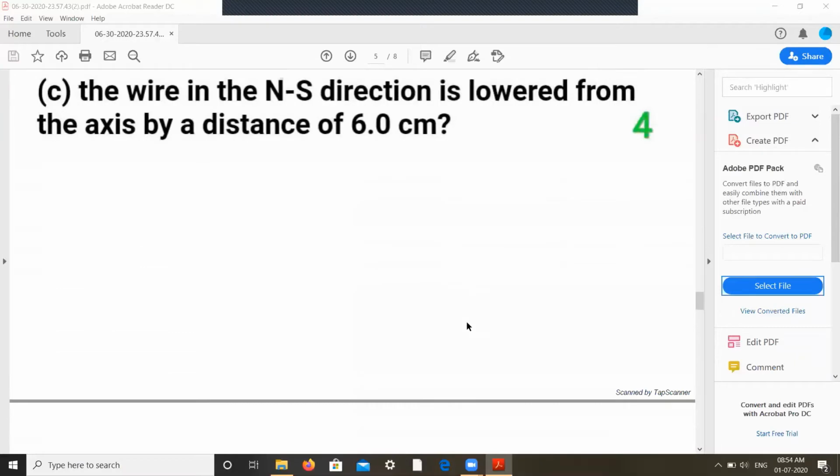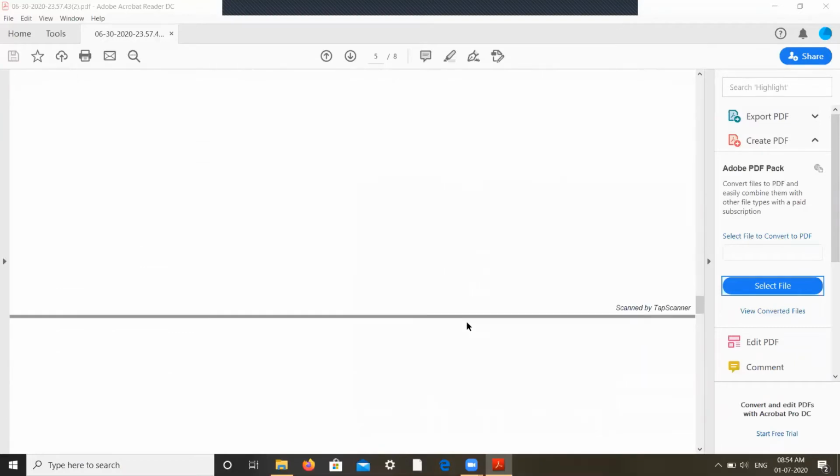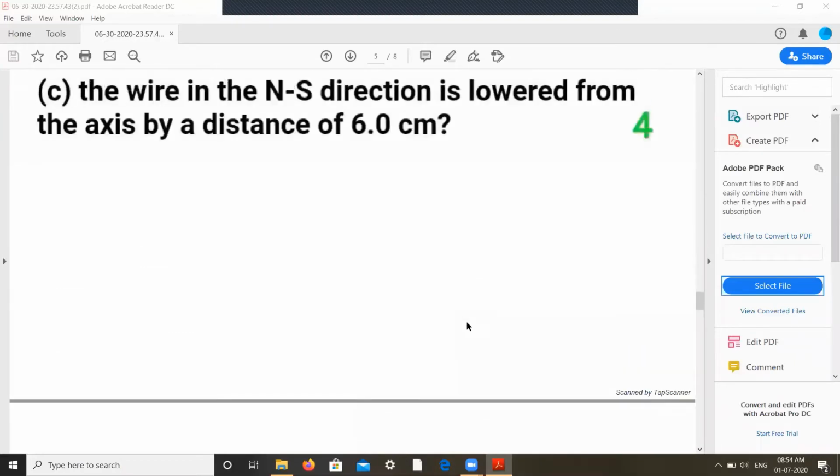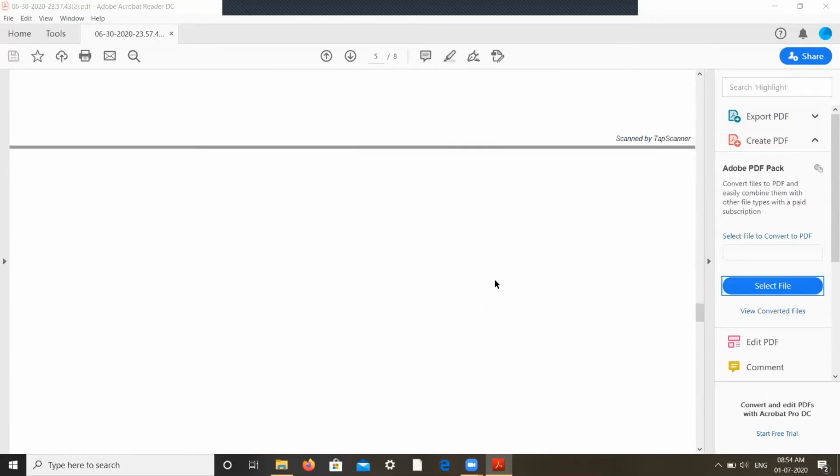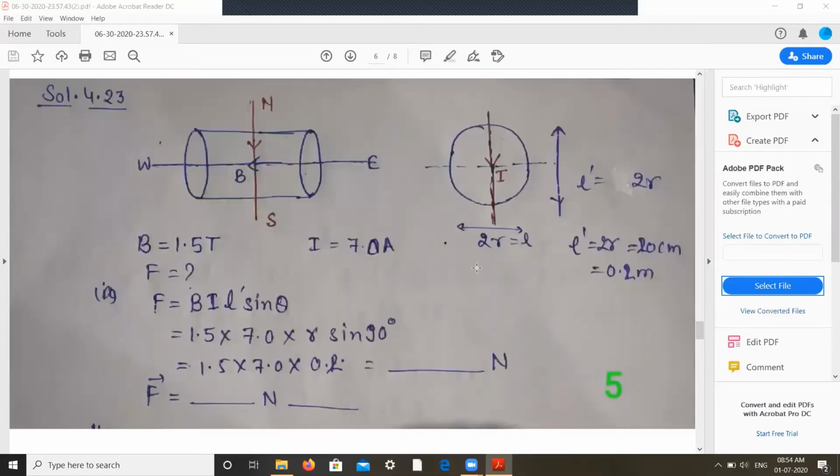So moving to the next page, just for your help. Suppose this is a cylindrical body. Now continuing with this exam, question number 4.23.